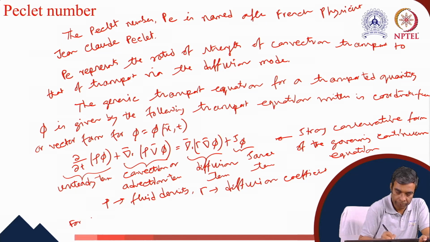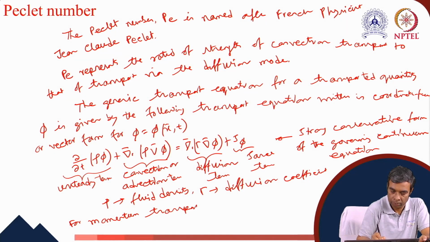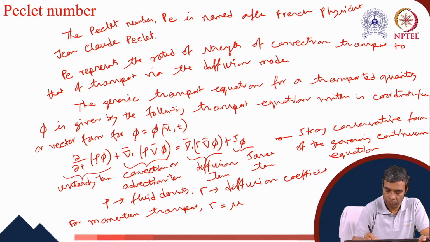For momentum transport, gamma is the dynamic viscosity mu.